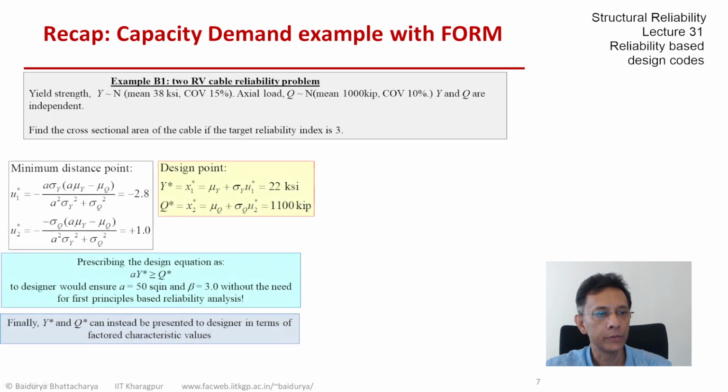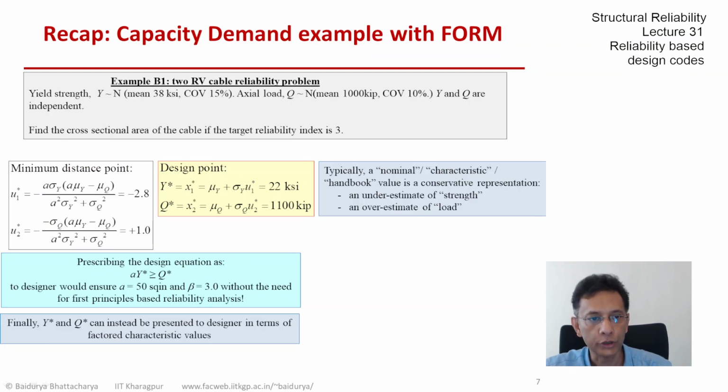So let's now see how to take that to conclusion. Let's put all the things we already did on the left, and on the right we are going to present the solution. Just to recall, typically when we talk about a nominal value, a characteristic value, a handbook value, we mean that it's a conservative representation of a random quantity.